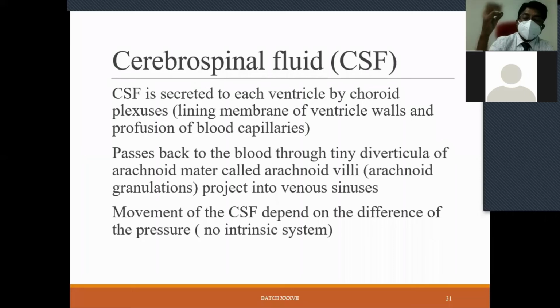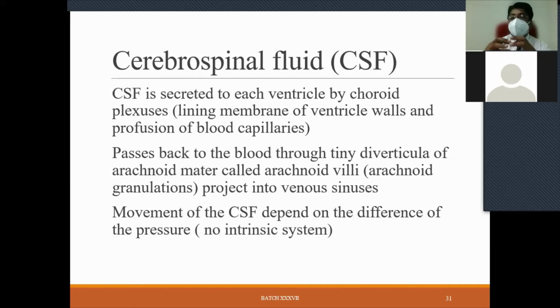Then the cerebrospinal fluid travels along the ventricular system and finally passes back to the blood through tiny diverticula of the arachnoid mater called arachnoid villi, or arachnoid granulations, which project into the venous sinuses.